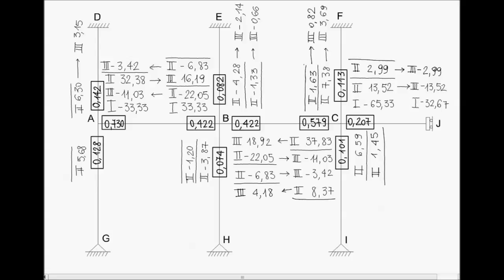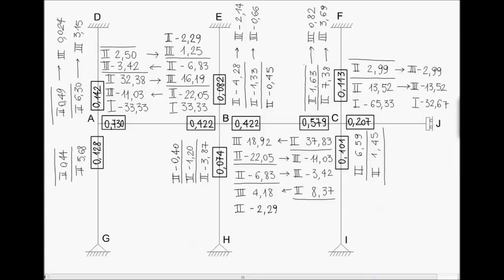We distribute it, obtaining these second bending moments. Also in this case we have to consider the third bending moments. And now node A is balanced. We now consider node B, in which is present an unbalanced bending moment equal to 1.25 plus 4.18. So we distribute this bending moment, obtaining these second bending moments. We write also the third bending moments.